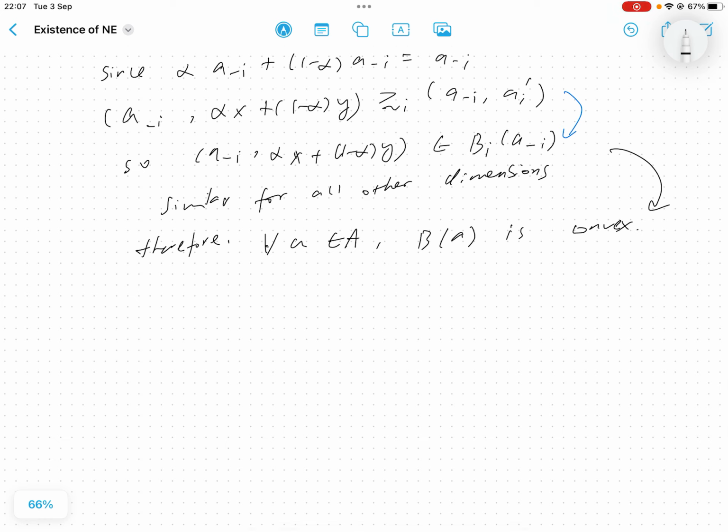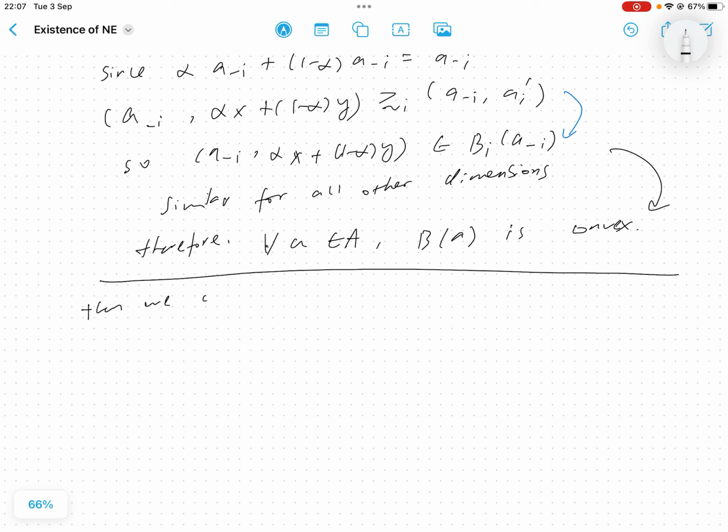Okay, the second part is that we're going to use the continuity of the preference relation to show the closedness of the graph of the correspondence, right? So, okay, that's the first part.